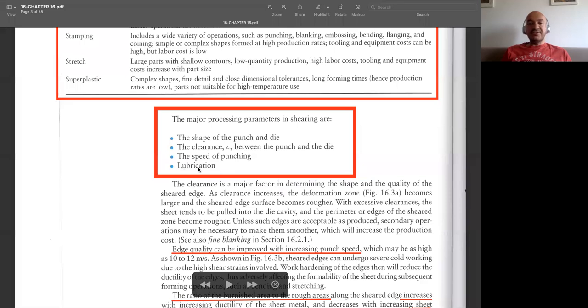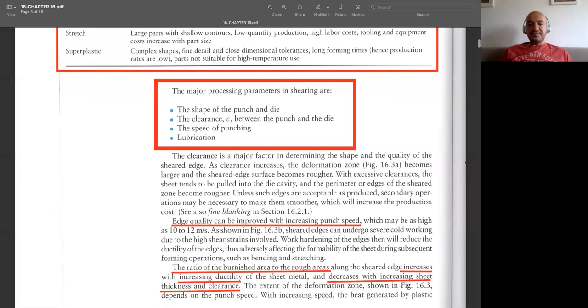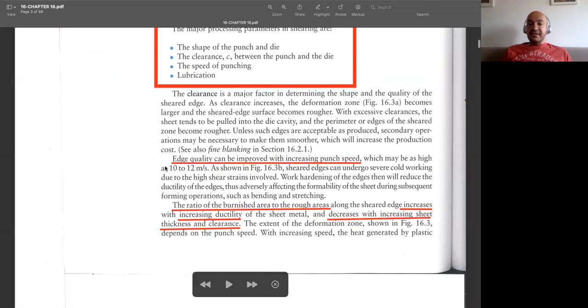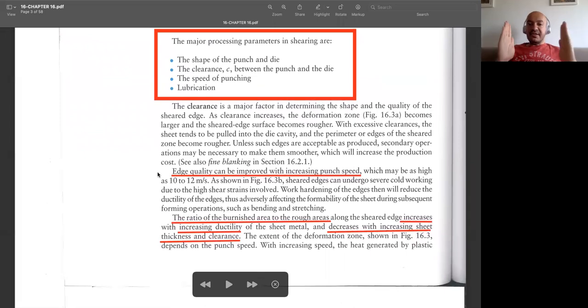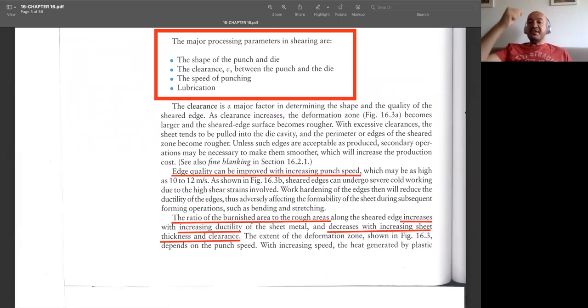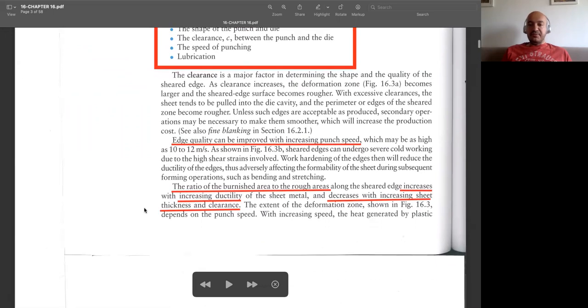And again, lubrication increases the life of your die and your punch. We can improve the edge quality, the side surface quality, by increasing the punch speed. With its help, you have more burnished zones and less rough surfaces, so the overall quality of the side surfaces will be improved.